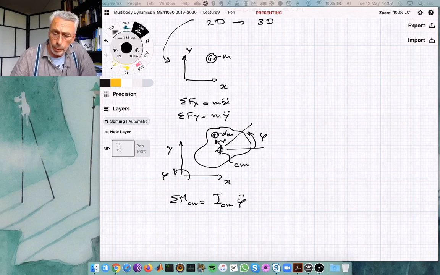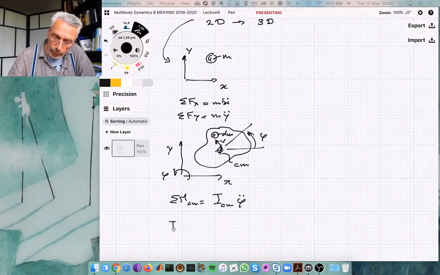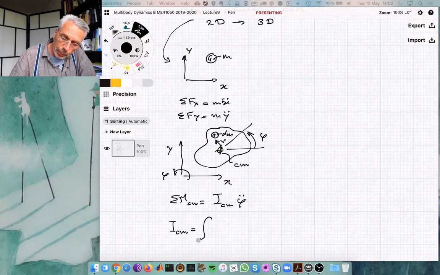Now of course that doesn't tell you anything as long as you don't know what I_CM is, and I_CM is defined as follows: it's the integral over the volume of the distance of a particle with respect to that center of mass.